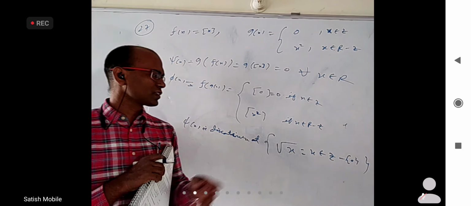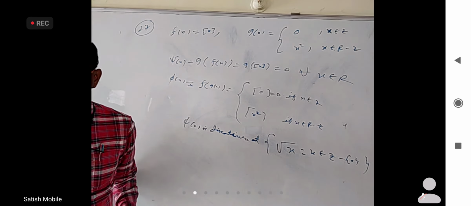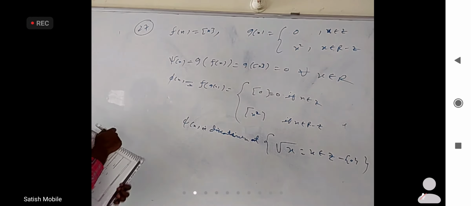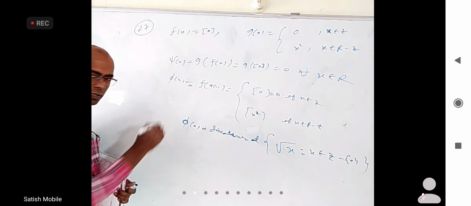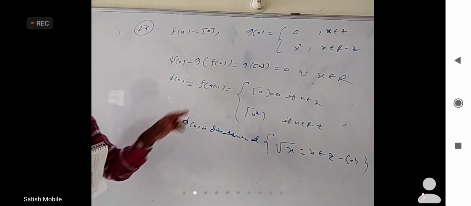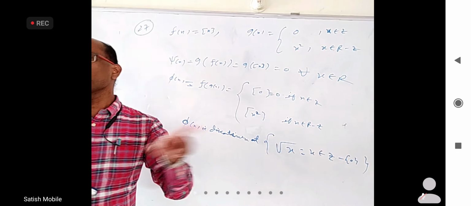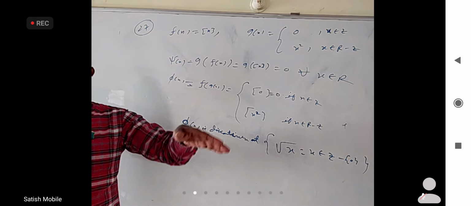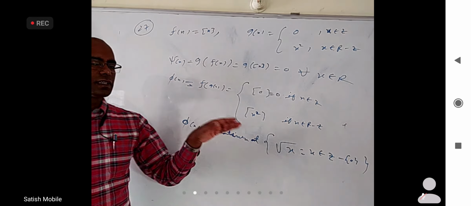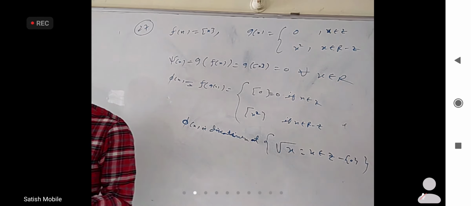It is discontinuous at root 1, root 2, root 3, root 4, root 5, root 6. This is psi of x. So this function is discontinuous at many places which are square roots of integers. So the final option is: psi is continuous everywhere, but phi is continuous at some places and discontinuous at some places. So I cannot say it is continuous. It is not continuous.